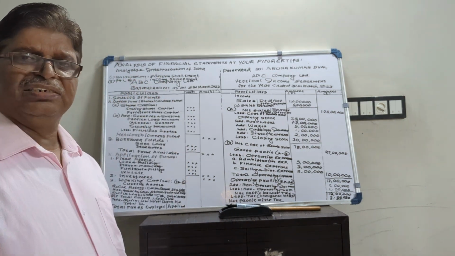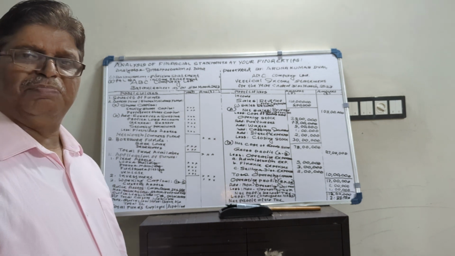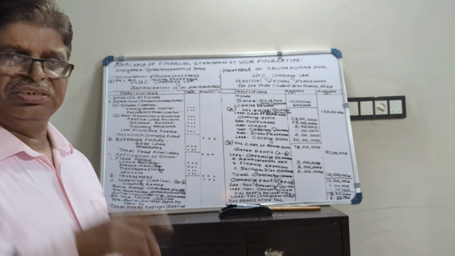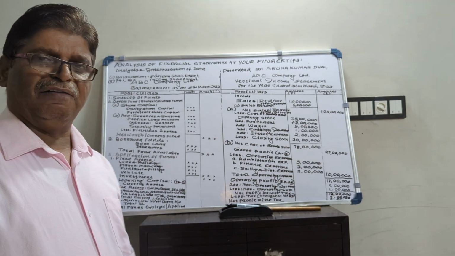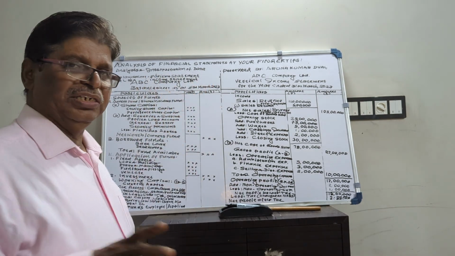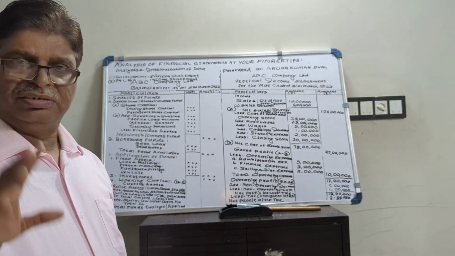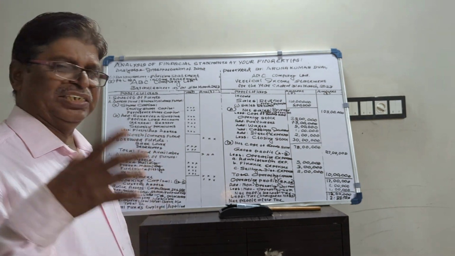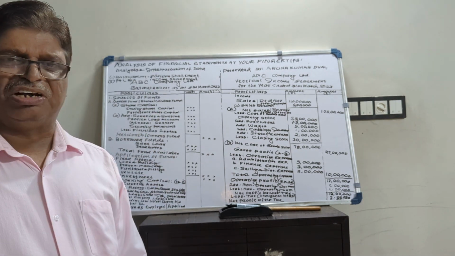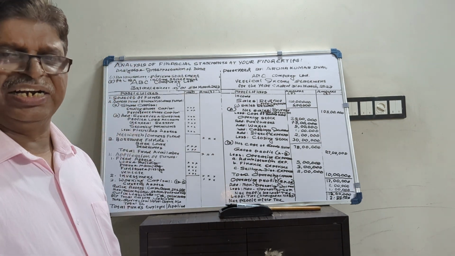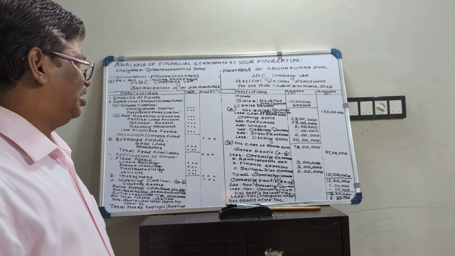So regarding preparation of balance sheet and trading profit and loss account, there is no hard and fast rule in which way you arrange the assets in the balance sheet. You may arrange the assets in terms of first current asset, then fixed asset, then non-current asset, then fictitious assets.